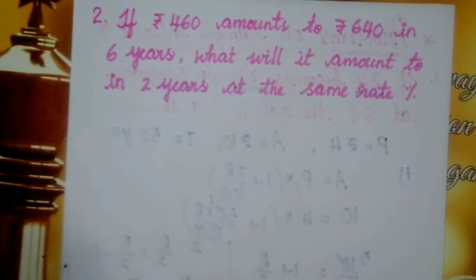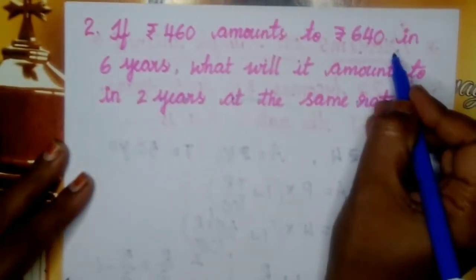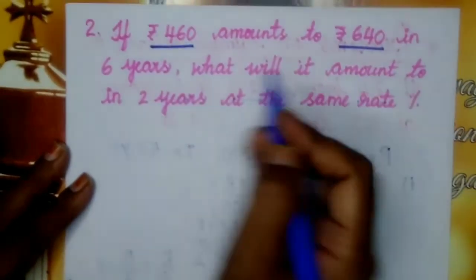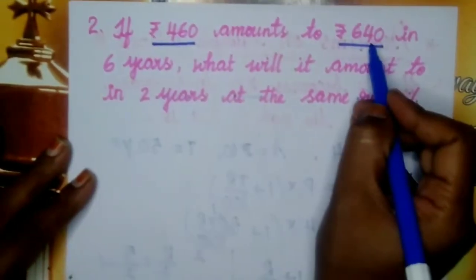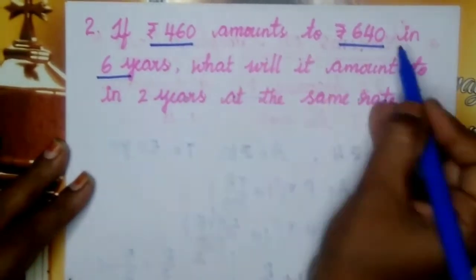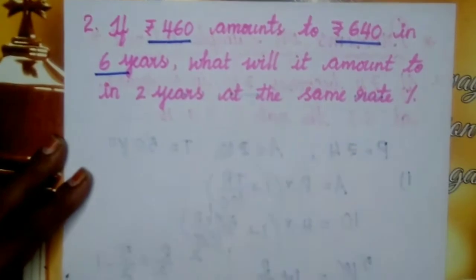Now let us move to the next question. If 460 rupees amounts to 640 in 6 years, what will it amount to in 2 years at the same rate percent?